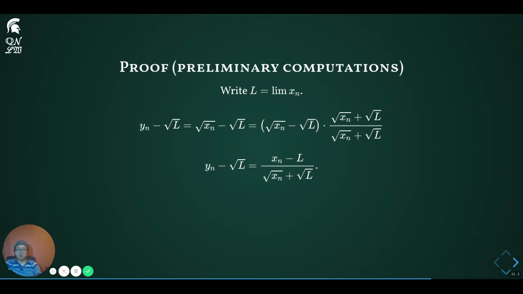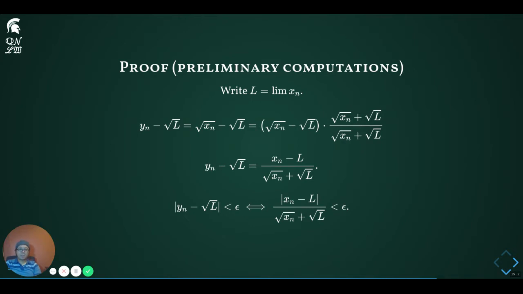The denominator is good because it is the sum of two positive quantities, so it can never be worse than either of the individual terms. So to prove that the distance from y sub n to square root of L is less than epsilon is the same as proving that this fraction in absolute value is less than epsilon. Keep this fraction in mind.